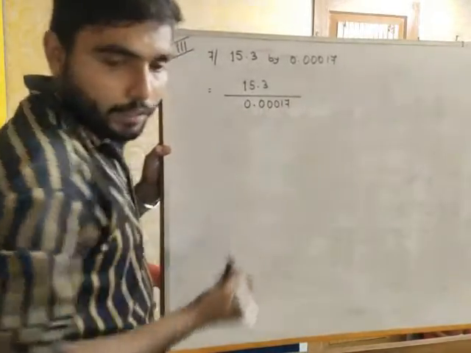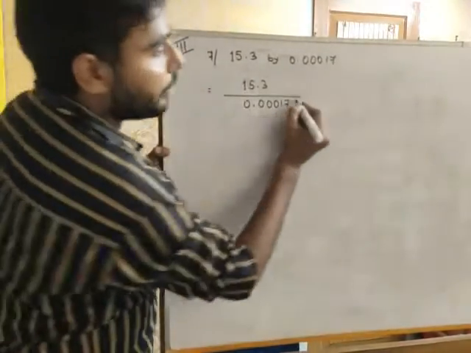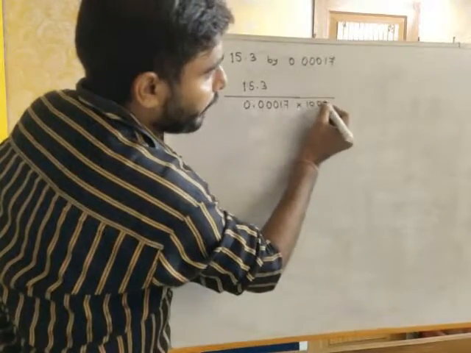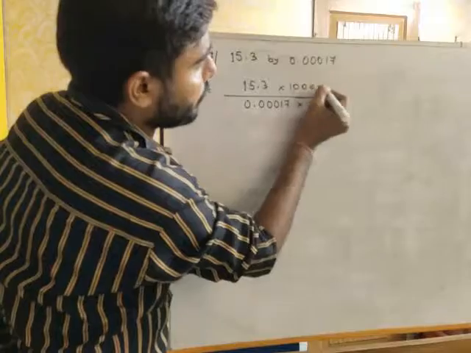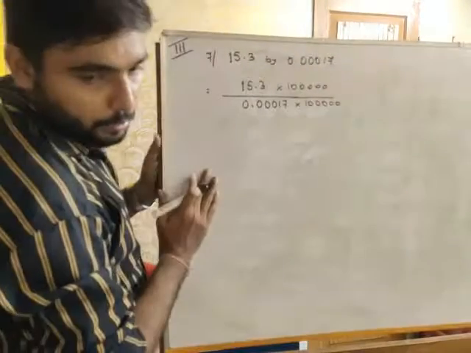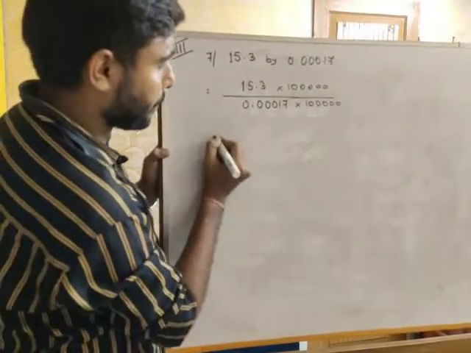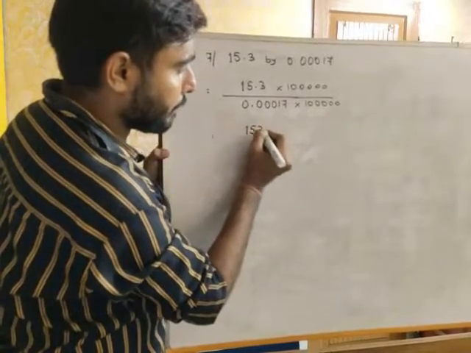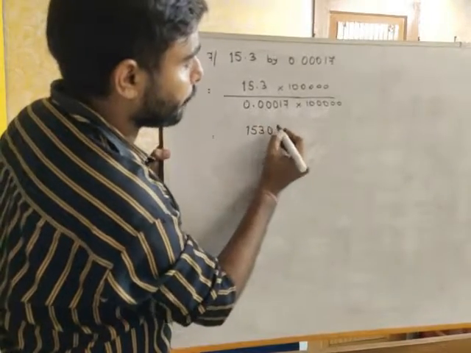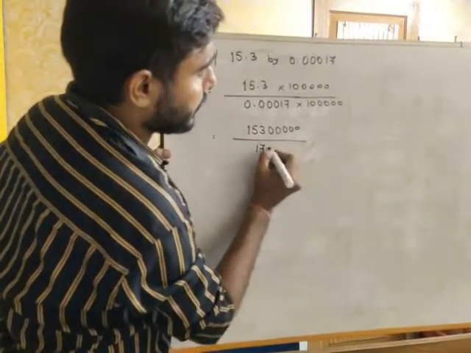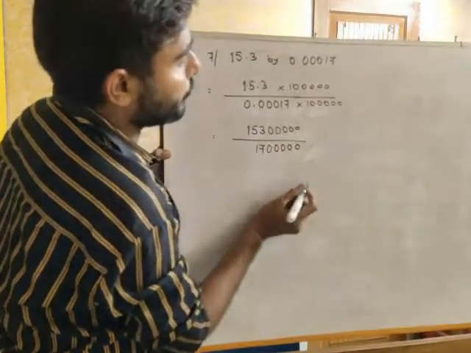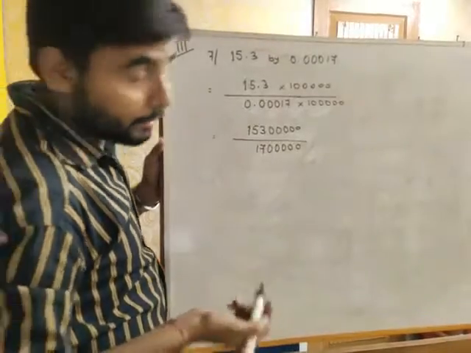After the decimal we have 5 places, so 1 with 5 zeros will be multiplied. Similarly with the numerator also 1 lakh will be multiplied. So after multiplication in the numerator I will get 153 with 5 zeros, and in the denominator I will get 17 with 0 zeros.